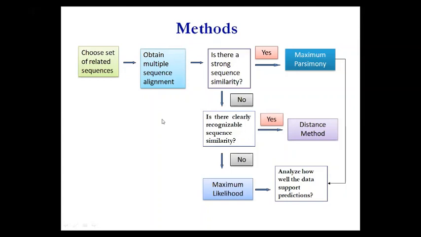So in this particular slide, I'm just showing how to decide about the best method for doing phylogenetic analysis for a particular set of sequences. For any kind of phylogenetic analysis, we need to have a set of related sequences which need to be analyzed. First, we obtain the sets of sequences either from our own experimental data or from databases. We can download them from databases, and we can make a file containing all the sequences.